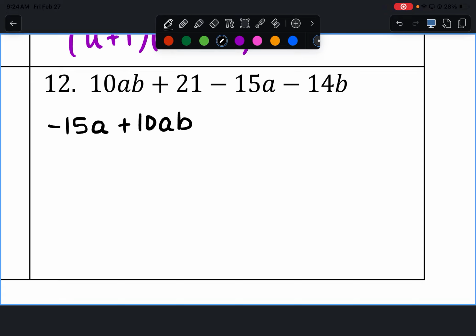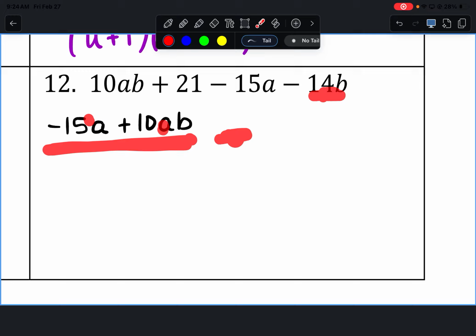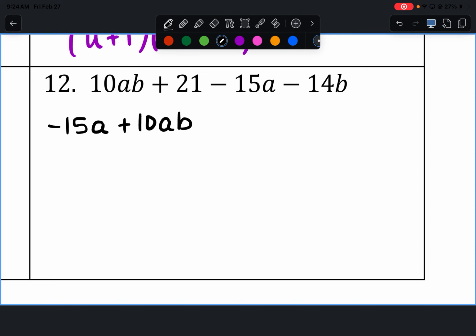Now, what term should we put next? Okay, I have a question, though. Whenever we look at this, is the b in the first term or the second term? Second term. So if I was to put the b in the first term here, would that make it so that they would line up? No, they wouldn't line up because they'd be in the wrong spot. So what we're going to do is switch the order of that.